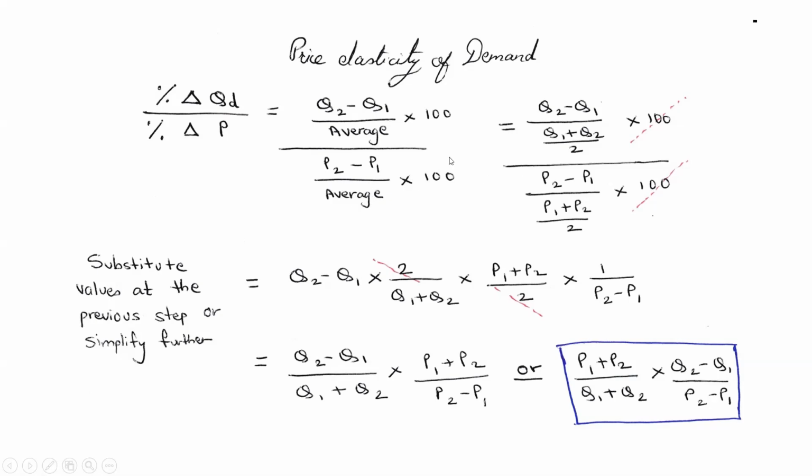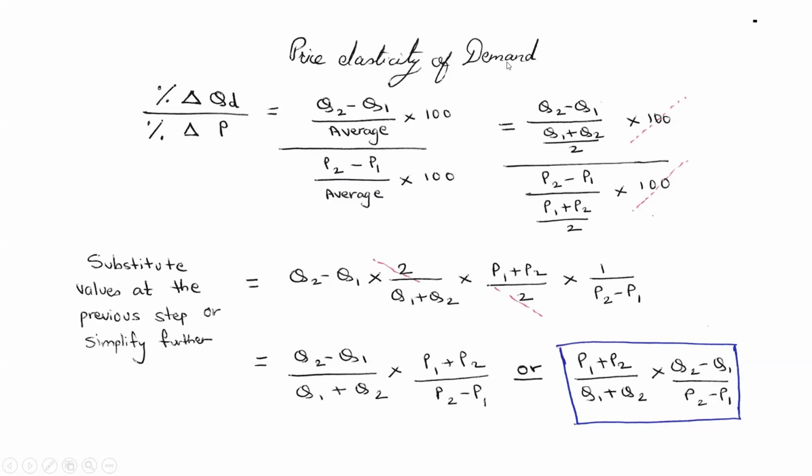If you simplify it, you'll see 100 gets cancelled off, and the denominator becomes the numerator by flipping this part at the top. So in short, you substitute. I'm going to rearrange what's over here. So that becomes Q2 minus Q1 times 2 over Q1 plus Q2, and so on. I'm going to get rid of the common numerator and denominator and rearrange everything into this formula. So those of you who are good with math, you can see how the final formula is derived.